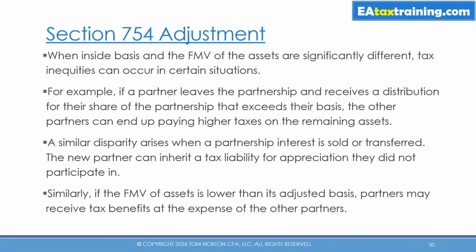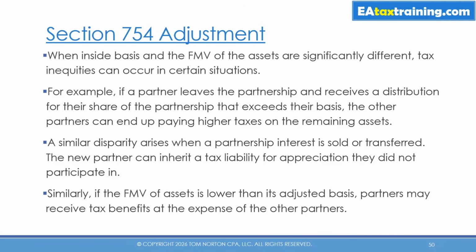And a similar disparity arises when a partnership interest is sold or transferred. The new partner can inherit a tax liability for appreciation that they did not participate in. Again, we'll show you an example of that.